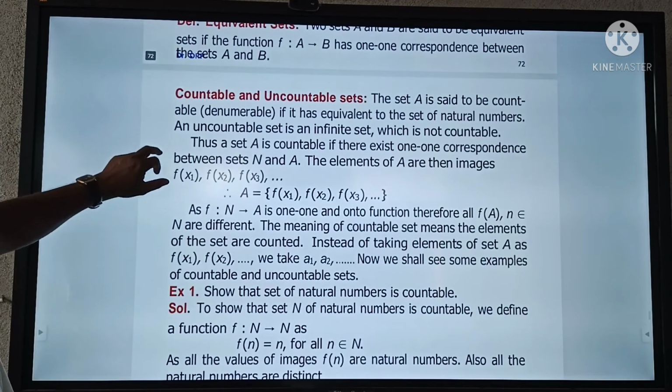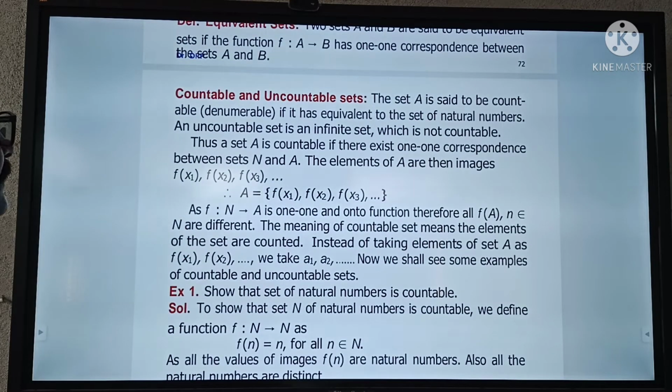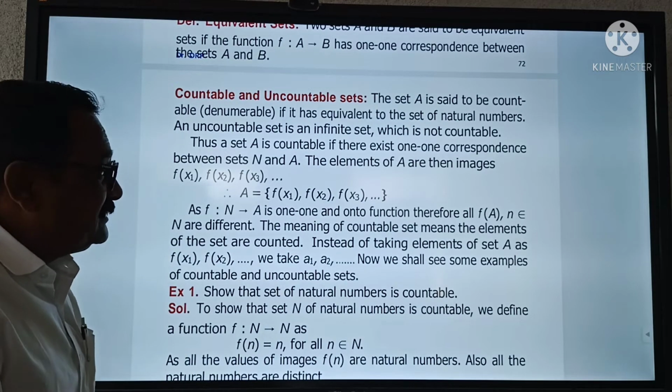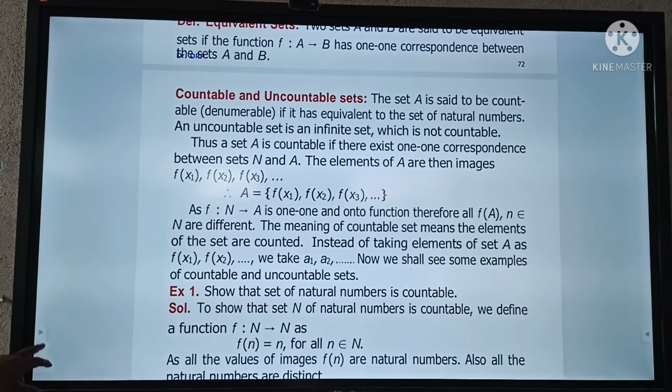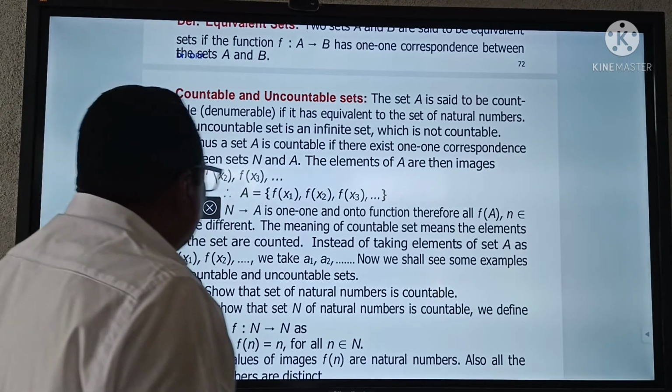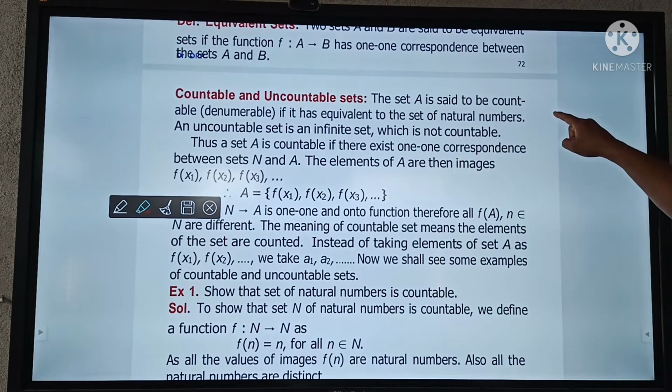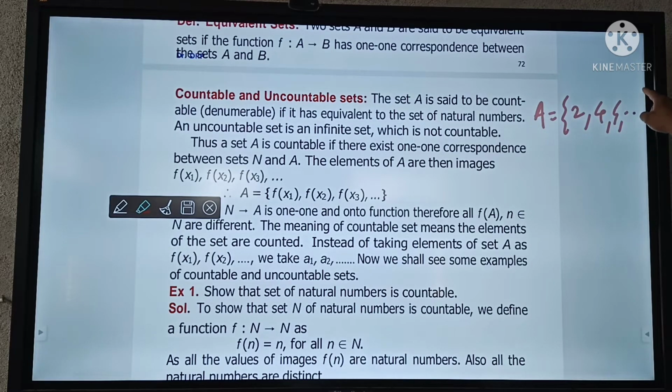So, countable and uncountable sets. A set A is said to be countable if it is equivalent to the set of natural numbers. What does this mean? See now. Suppose set A is 2, 4, 6 and so on, in this way.